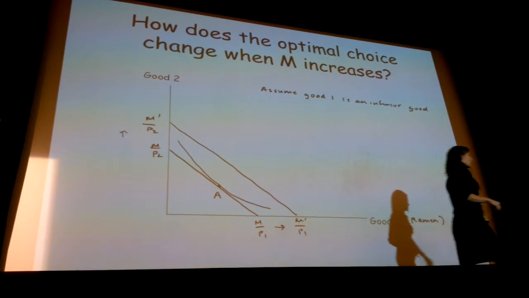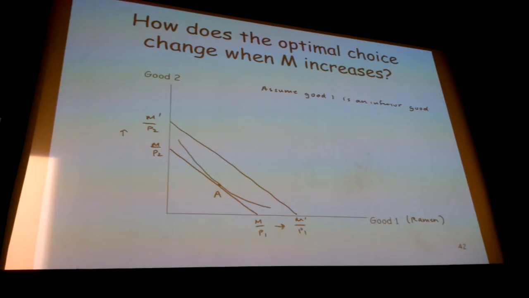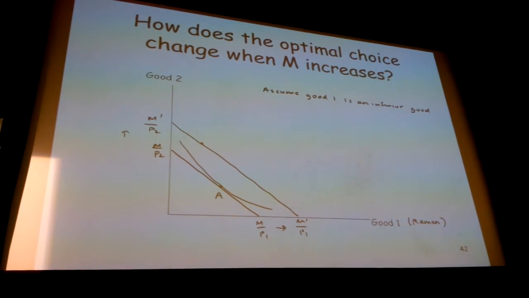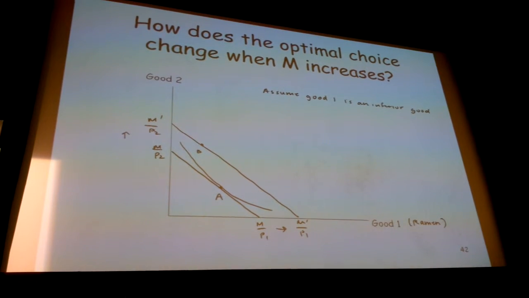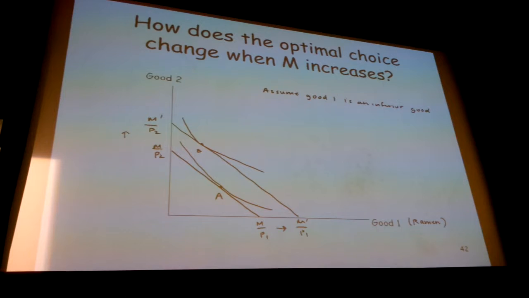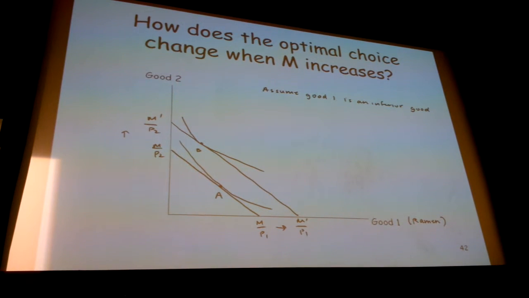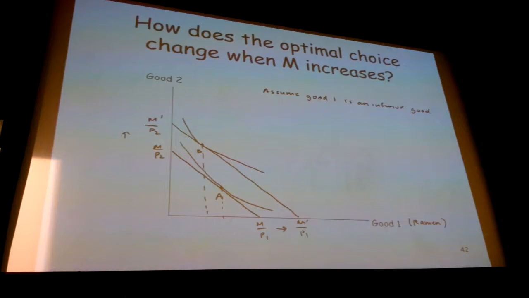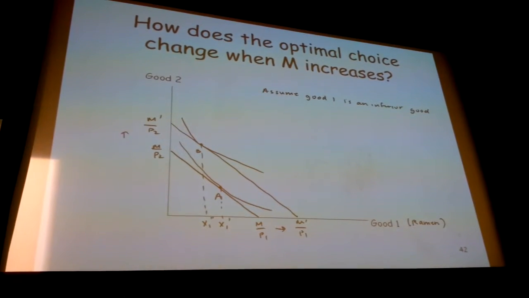So let's pick a point anywhere to the left of point A, call it point B, and draw an indifference curve that's tangent to point B. Now I can see that my consumption of good 1, x1 prime to x1 double prime, has gone down.